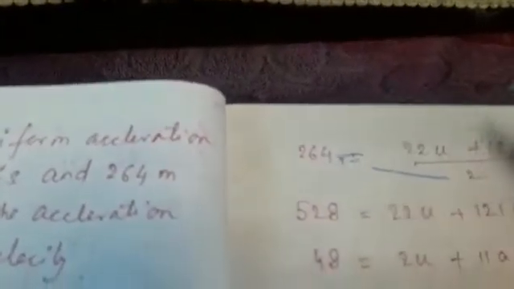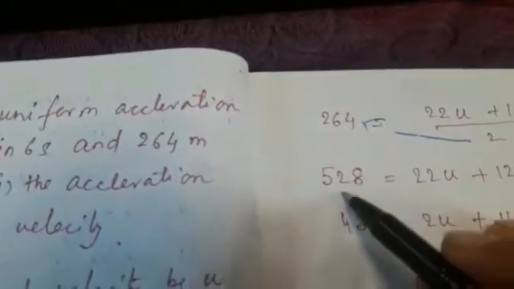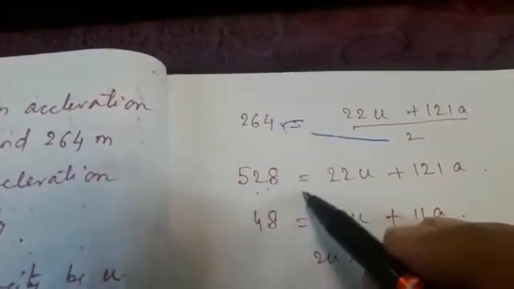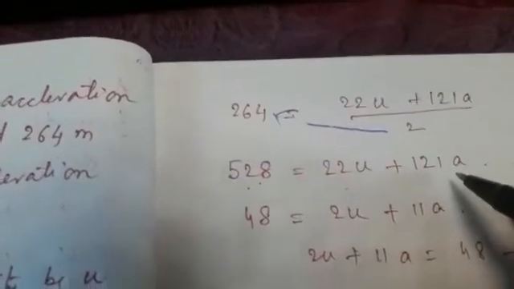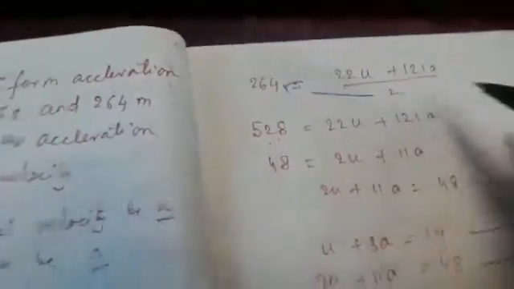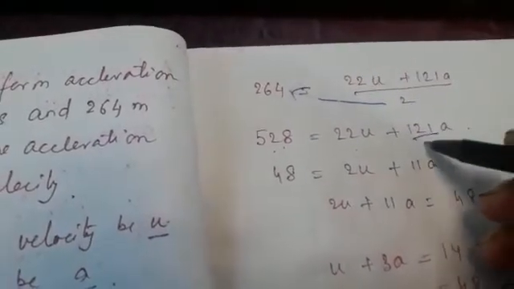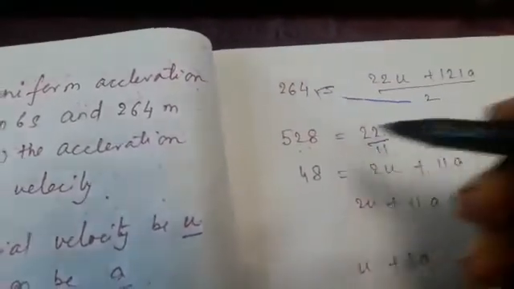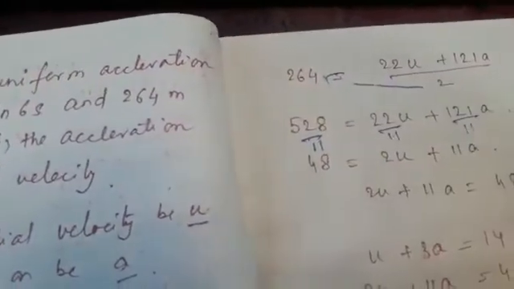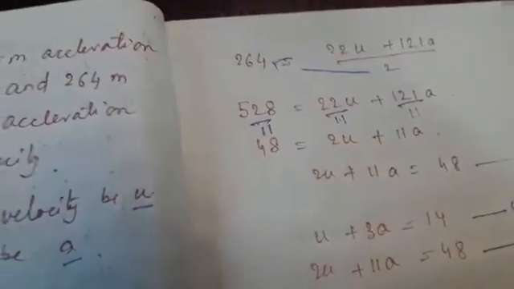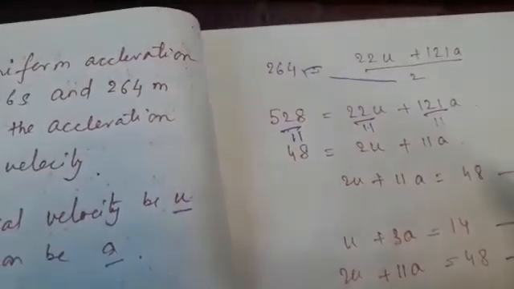Now if you do cross multiplication, bring this 2 there, you will have 264 into 2, that is 528, is equal to 22u plus 121a, right? Now again the values are a bit bigger. If you divide the whole equation by 11, since it is divisible, to reduce it, you can reduce, there is no compulsion that you have to reduce.